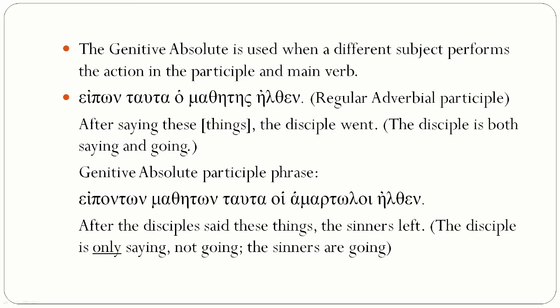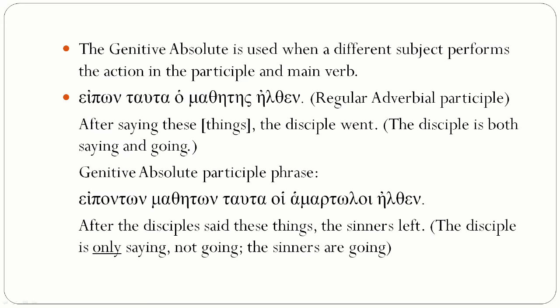Here we see that the genitive absolute is again used when you want to have a different subject doing the participle action, the saying, than the main verb action, the going. In the first sentence, the disciple did both the saying and the going.